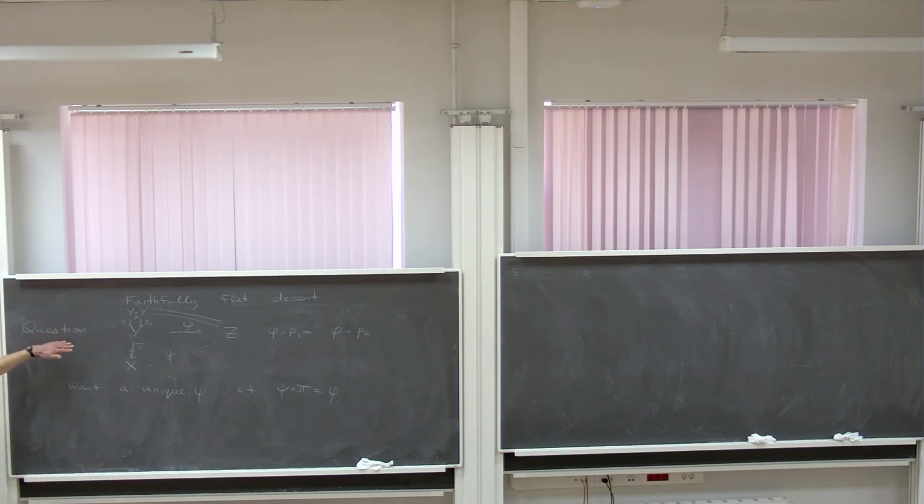We are discussing faithfully flat descent, and so the question is, given a surjective morphism pi from Y to X and a morphism phi from Y to Z with the property that phi is constant on the fibers of this map, meaning that we have this condition, whether this phi descends to X. As we already observed, the answer would be yes if X, Y, and Z were just sets.